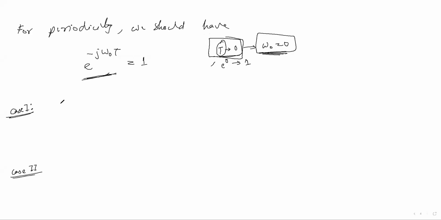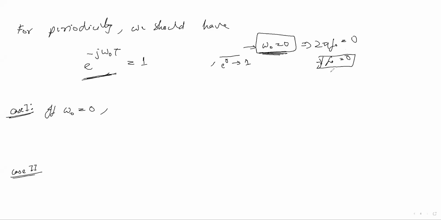The first case is if omega naught equals 0. What do we mean by omega naught equals 0? It means 2 pi f equals 0, or f equals 0. f equal to 0 means the signal has no frequency term.